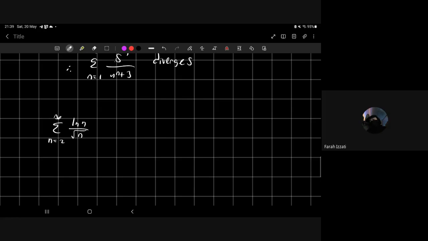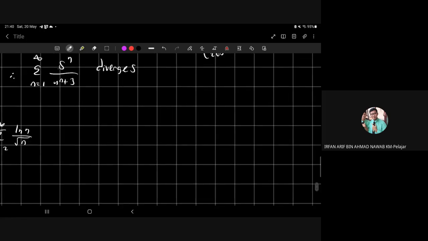The way we want to approach this is that this technique, it's not a technique, it's a fact that the doctor mentioned in class on this kind of series on how to show whether or not it converges or diverges. Let me just recall a bit. I think it's from my notes. Did I bring it?